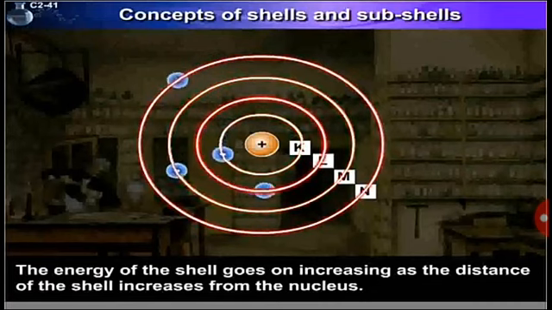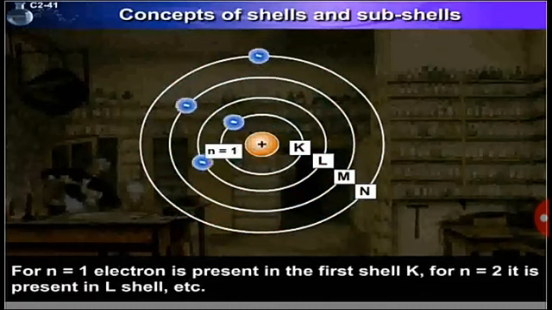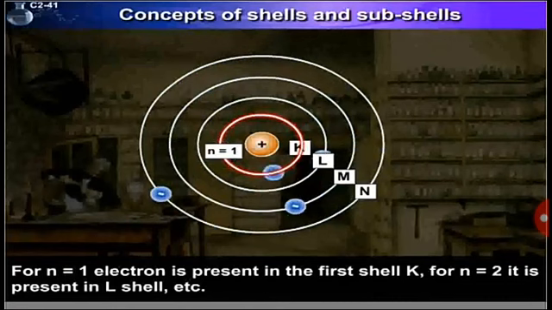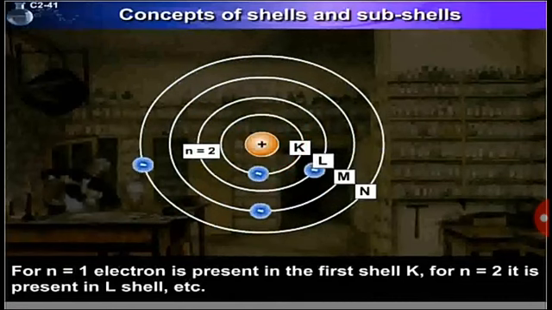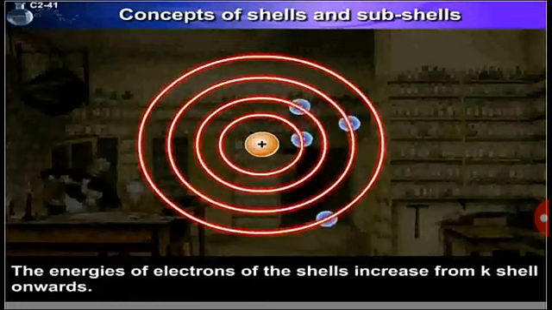For n equals 1, the electron is present in the first shell, K. For n equals 2, it is present in the L shell, etc. The energies of electrons of the shells increase from the K shell onwards.